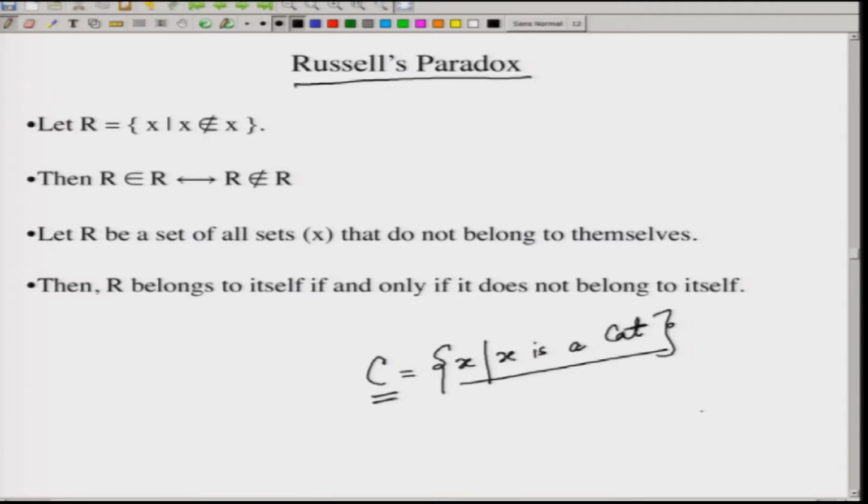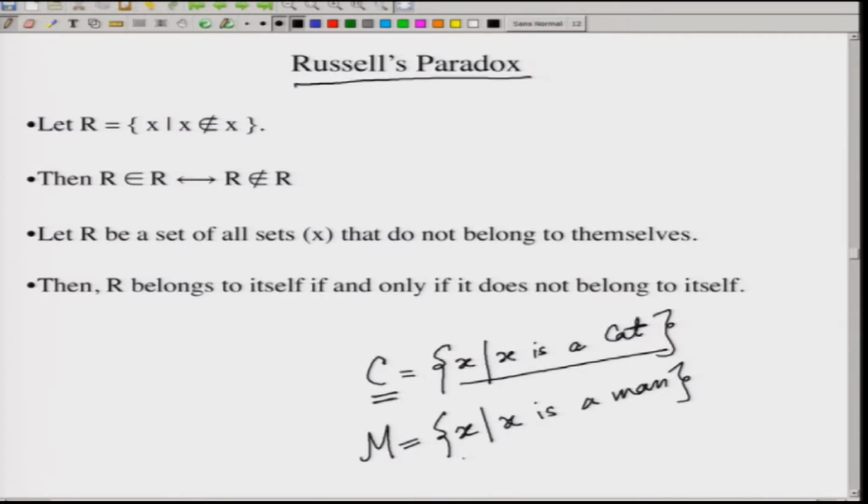Now, how is the membership decided? I take another set M. M is the set of all x such that x is a man. Now, I plug in a constant at both places of x.